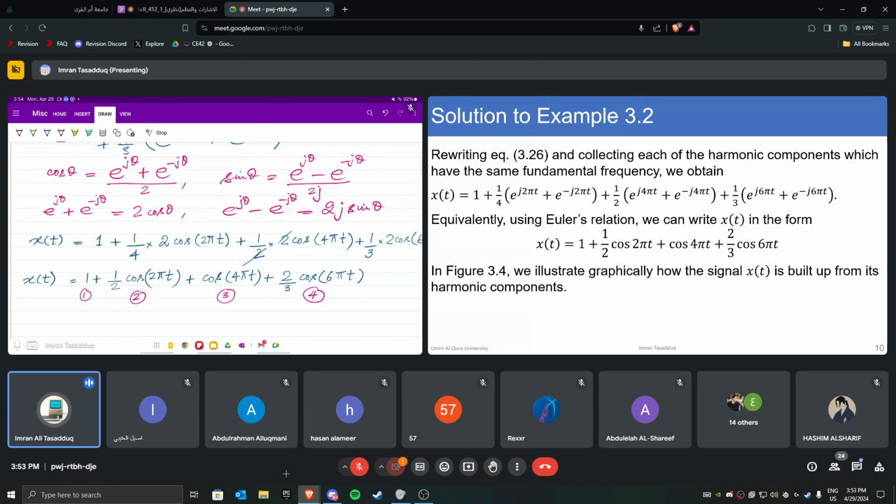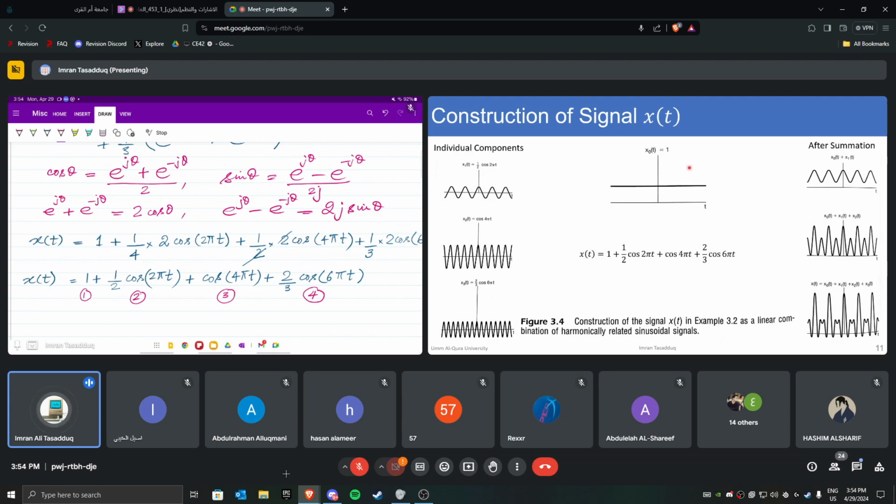If I plot all these things, let me show you this full screen. When I plot them, this is the signal with the zero frequency, the height is 1.